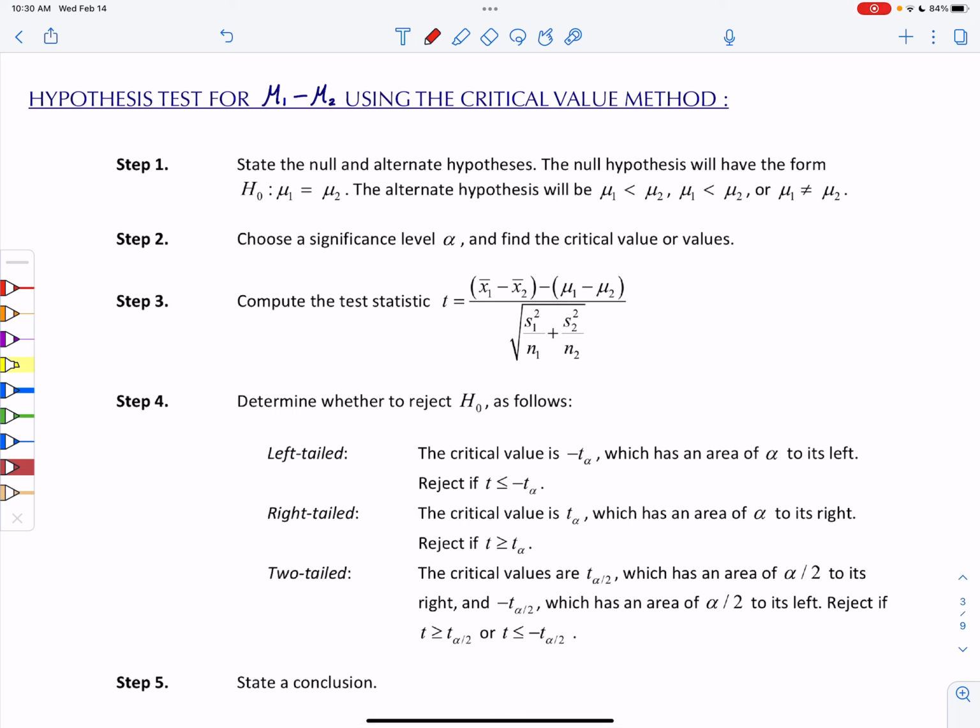Here are our basic steps, but again, you are familiar with the basic steps in a hypothesis test. You do your null and alternative, you get your rejection region and your critical values, you compute your test statistic, and then you make the decision based on whether you are in the shaded rejection region.